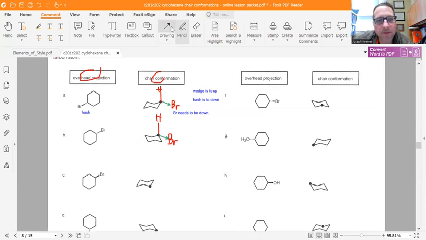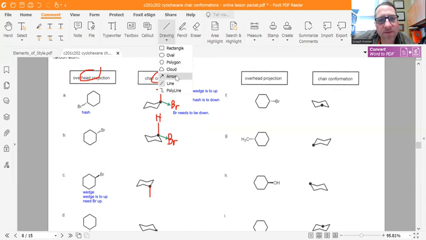Here comes another opportunity. A bromine, I'll type this for you. This is a wedge. Wedge is up. Need bromine up. But this axial at this vertex points down. Remember the car analogy?